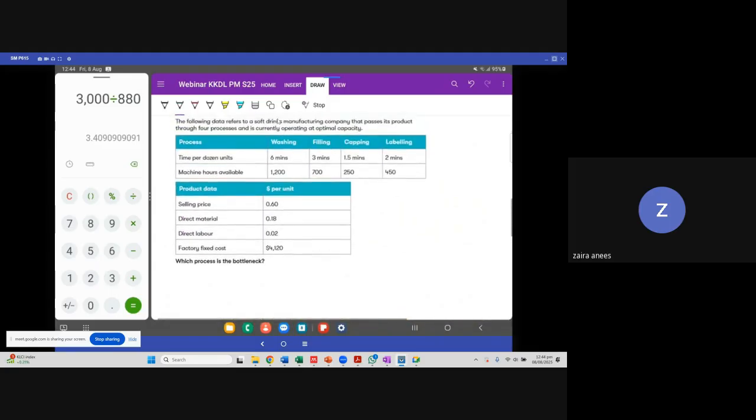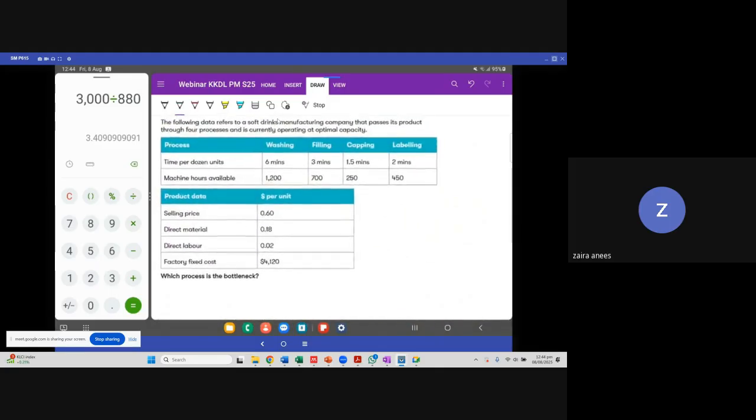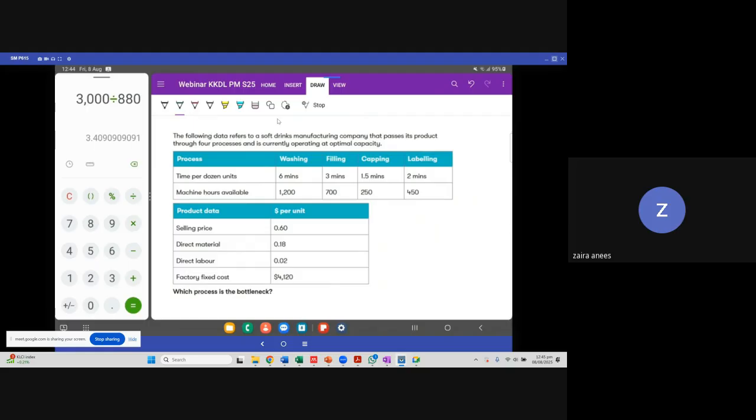Now this is another question. You have to identify which process is bottleneck, right? The product which we are manufacturing is passing through 4 processes: washing, filling, capping, and labeling, right?